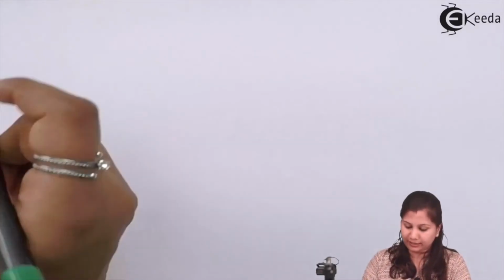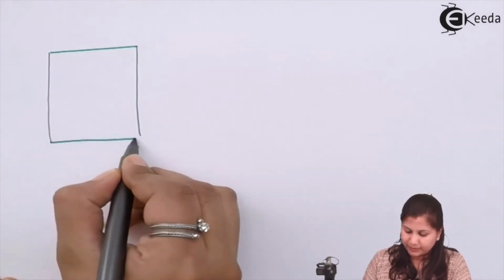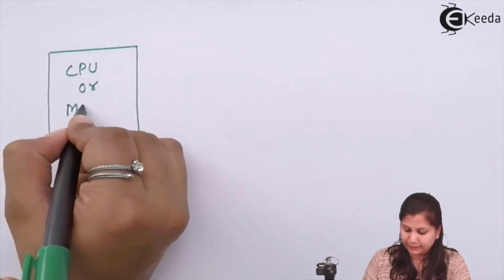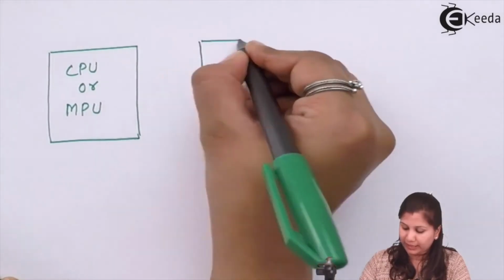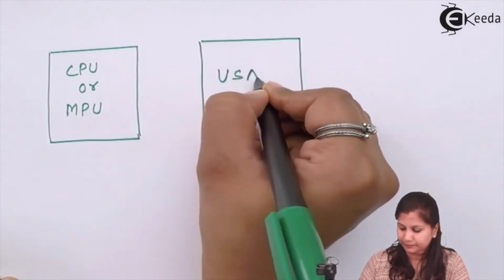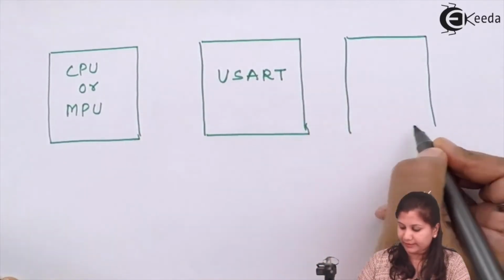If we describe this functioning in the form of a diagram, here we will have the CPU, or we can say the microprocessor. In between, we will have the USART. Here we will have the peripheral device.